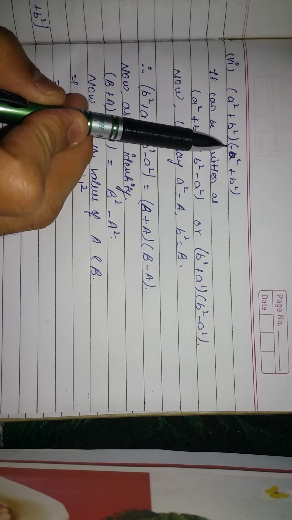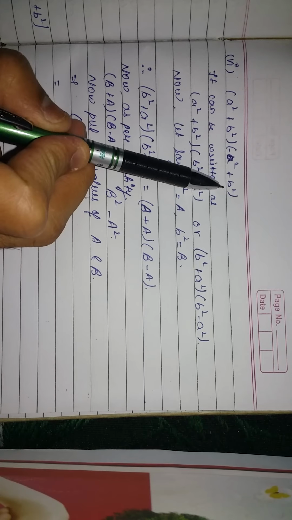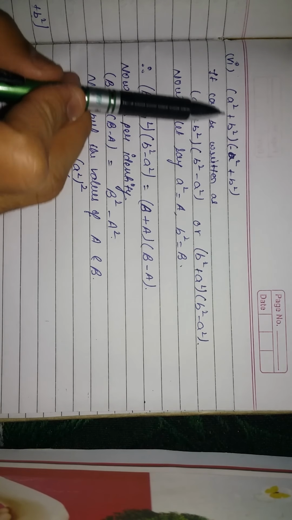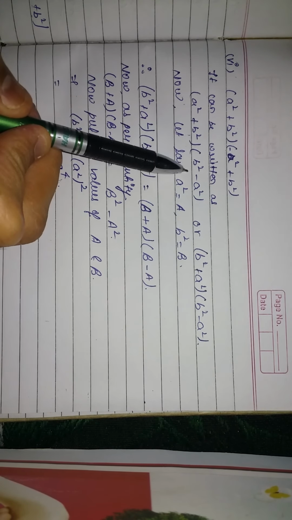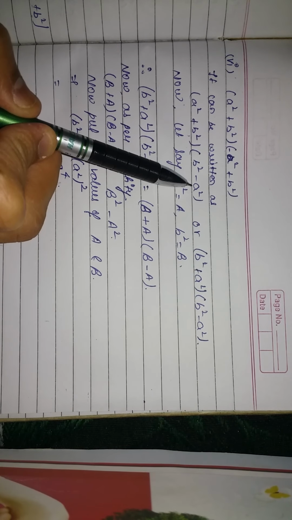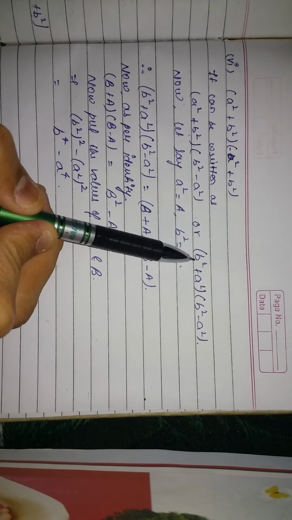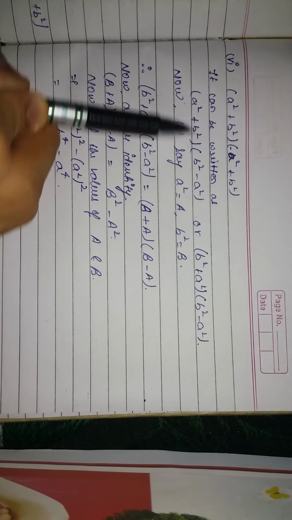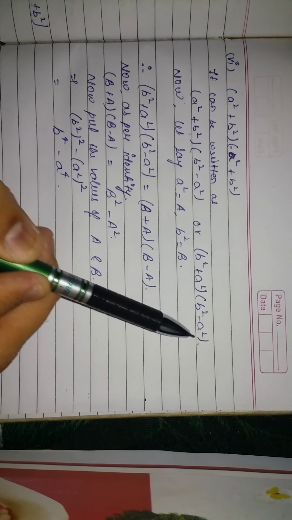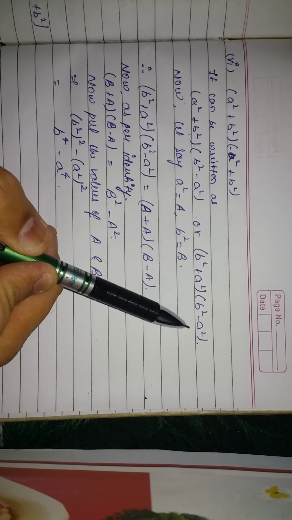(a square plus b square)(minus a square plus b square). See, it can be written as (a square plus b square)(b square minus a square), or as (b square plus a square)(b square minus a square), right?